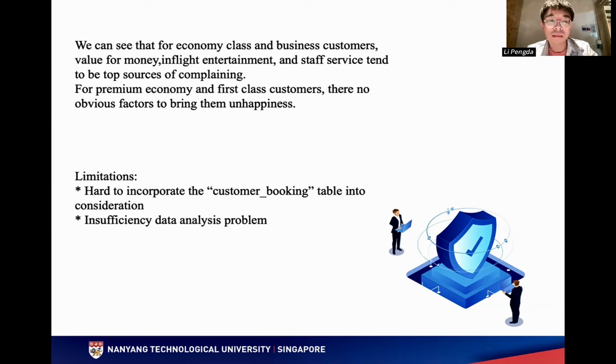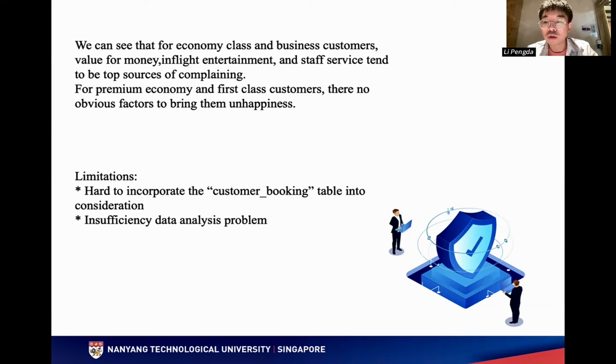There are also some limitations about this approach. When doing the text analysis, it is hard to incorporate the customer booking table into consideration as its text content is so limited.